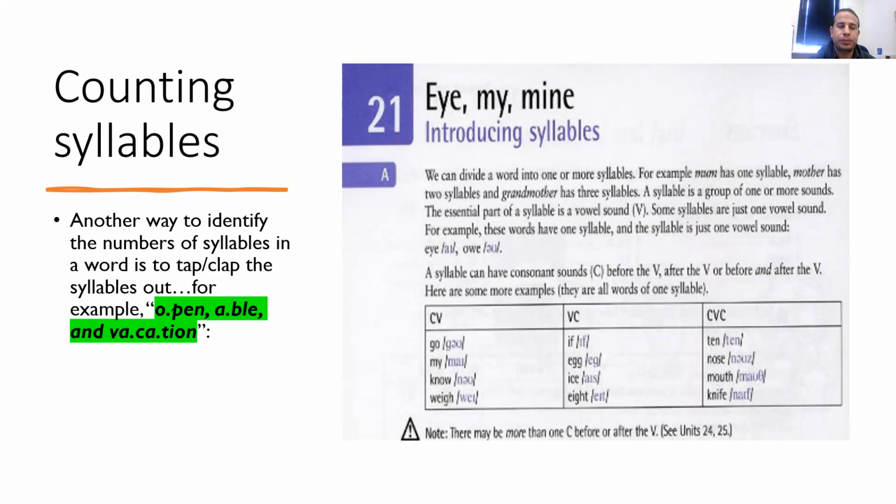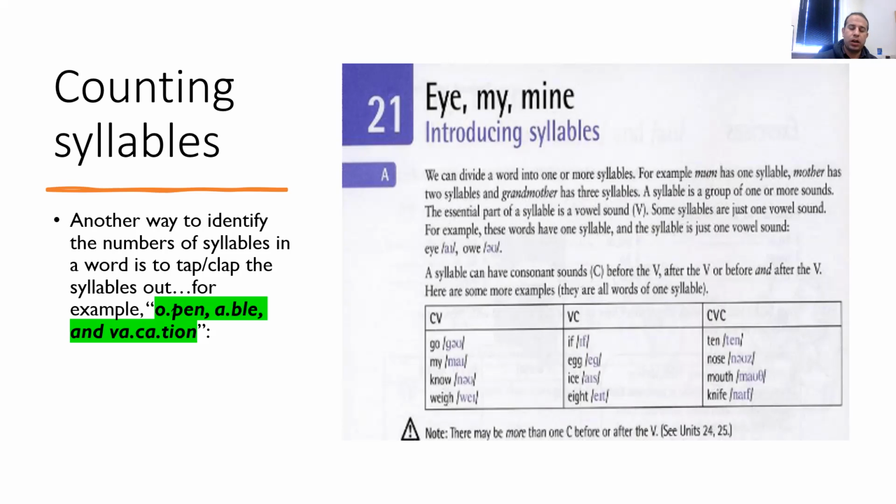For example, you can clap your hand just like this. One clap is just one syllable. Let's try out the words that we have introduced earlier. Police, so we have two syllables. Thanks, just one syllable. Man, just one syllable. Teacher, two syllables.